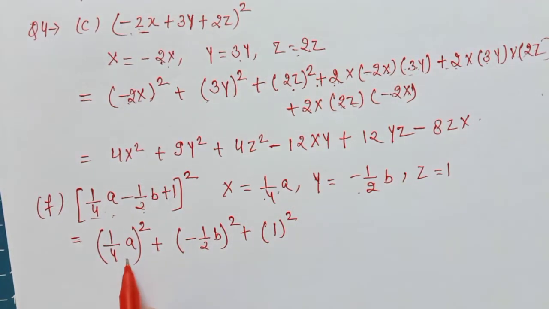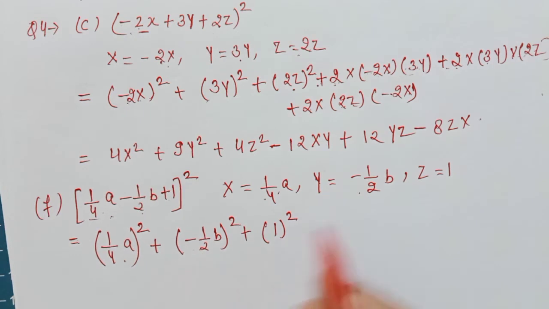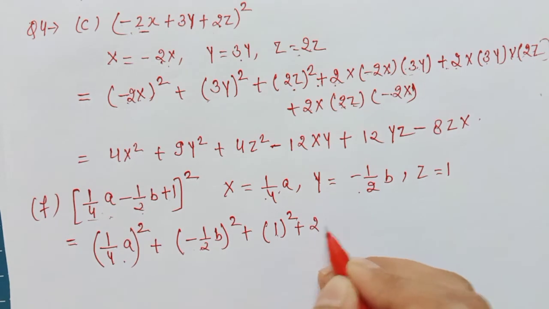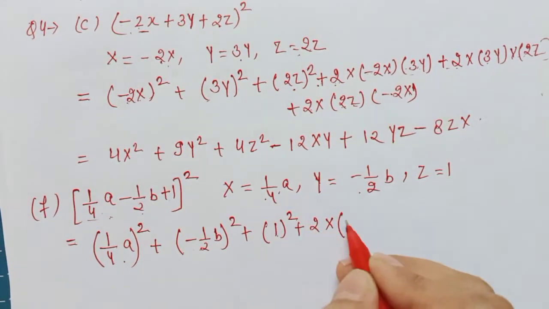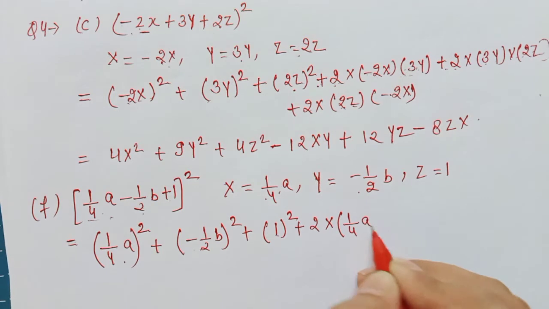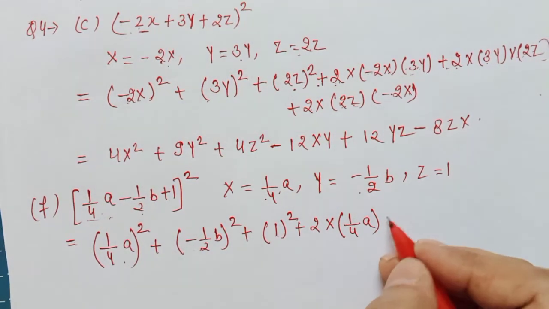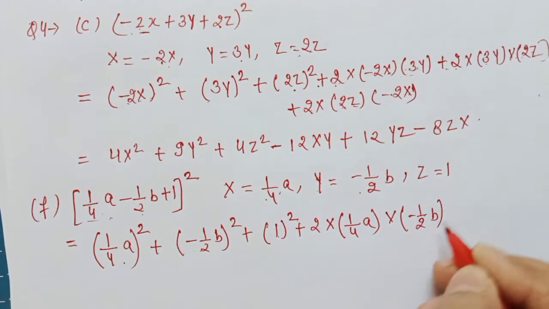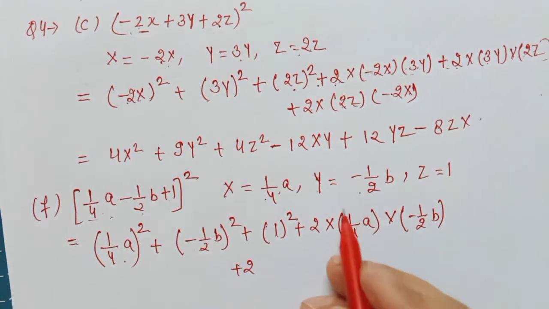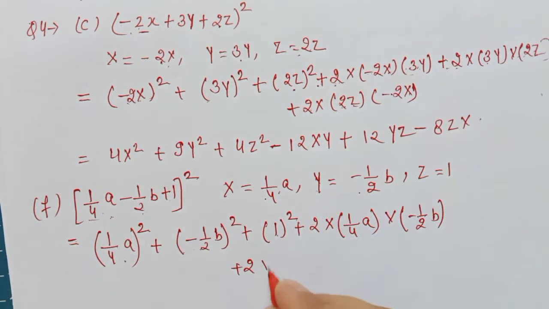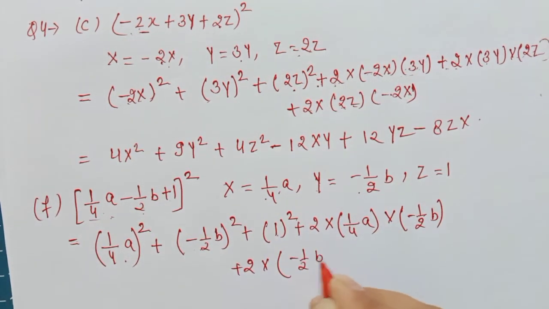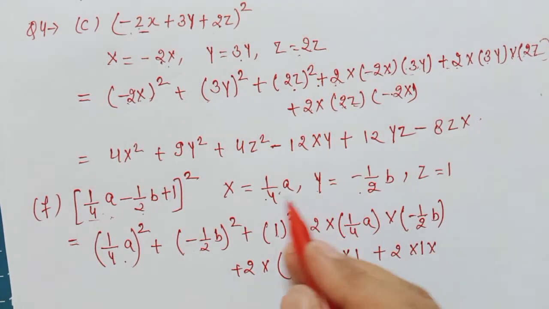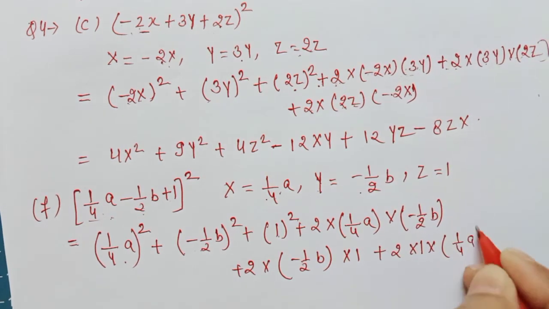X is 1 upon 4a, y is minus 1 upon 2b, and z is 1, plus 2xy: 2 into x, we will not write x here, we will write the term which is at the place of x in our question, into y. Y is minus 1 upon 2b, plus 2yz: y is minus 1 upon 2b into z, 1, plus 2zx: 1 into x is 1 upon 4a.